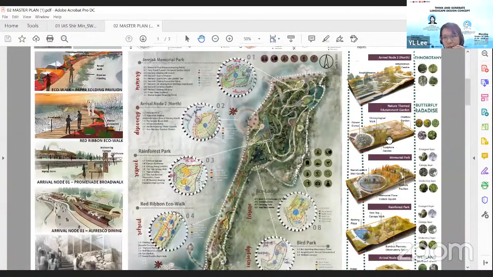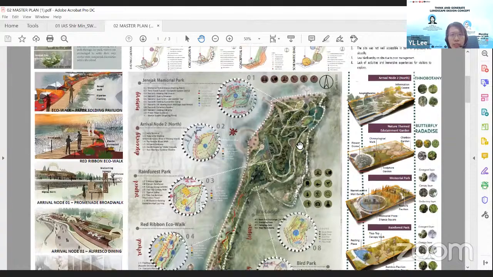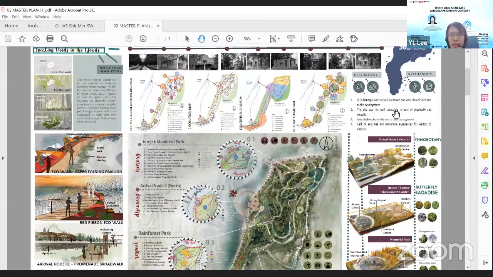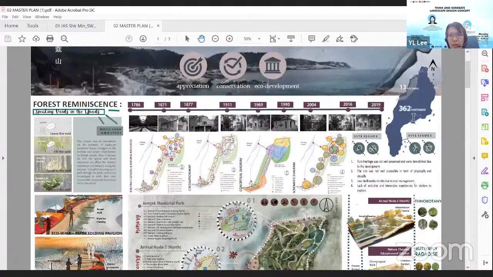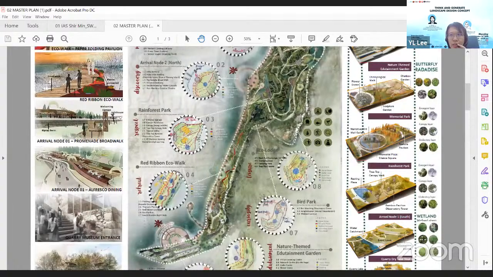Can you see on the right here? This is her own initiative, when she tried to put the spaces to fit in the whole island, the planning. When we look at the island in this design, 362 hectares is not all, her design is only one part, like 13 hectares, sorry.